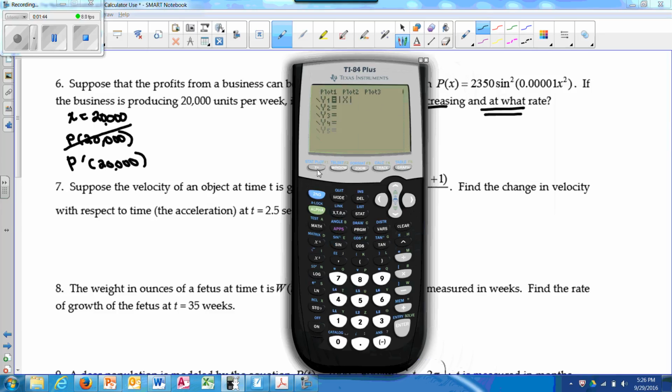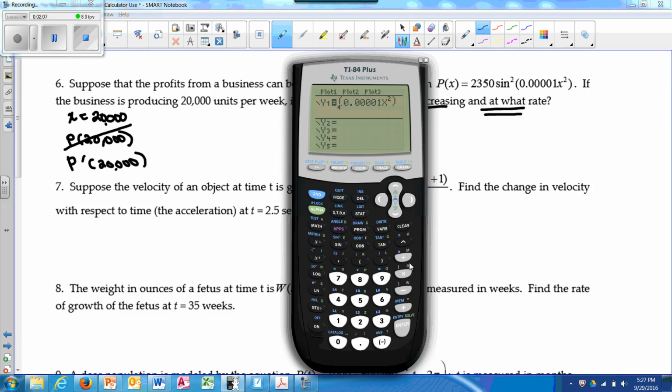I personally prefer to substitute into the y1 function first. It makes using the calculator a little easier. So I'm going to go to my y equals and have 2,350. Now in my calculator, sine squared is sine of the value.